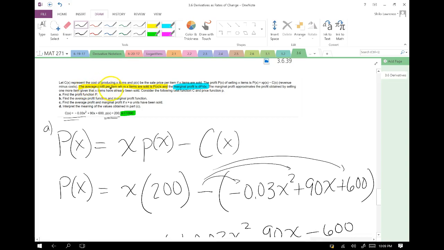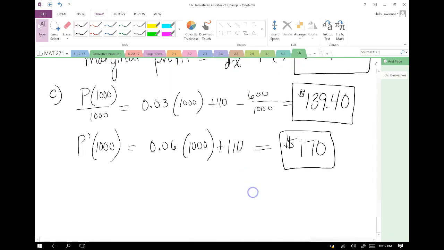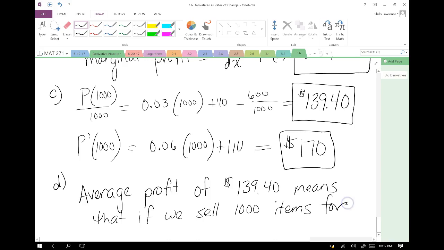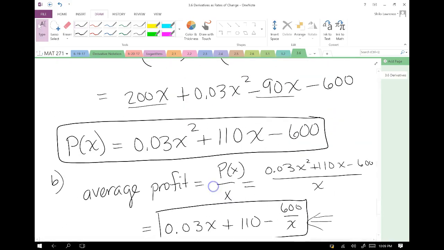Average profit per item when x items are sold. So if we sell 1,000 items, so average profit of 139.40 means that if we sell 1,000 items, that's what the 1,000 means, and they did tell us how much they cost each.